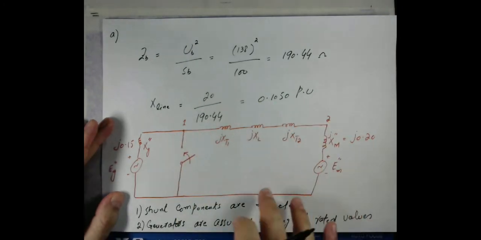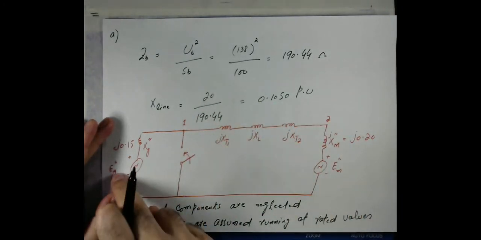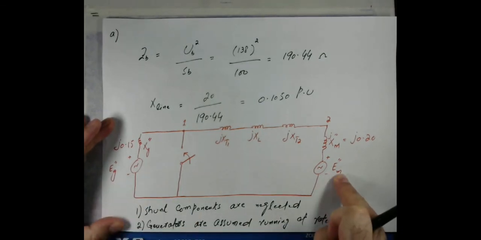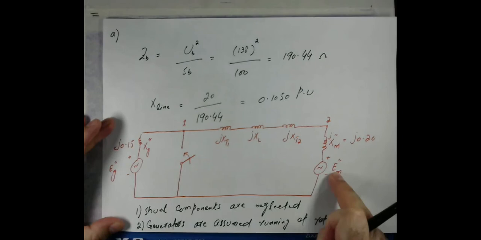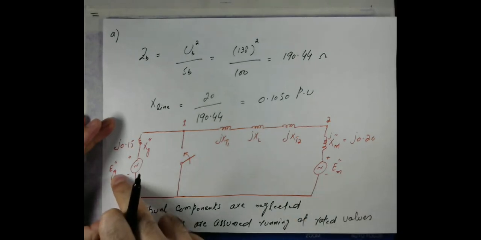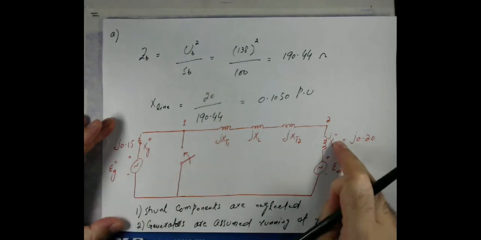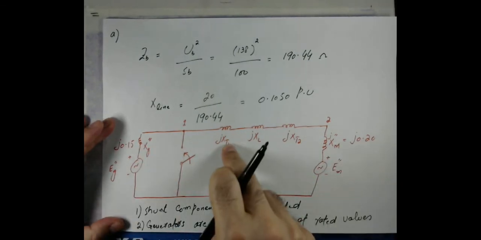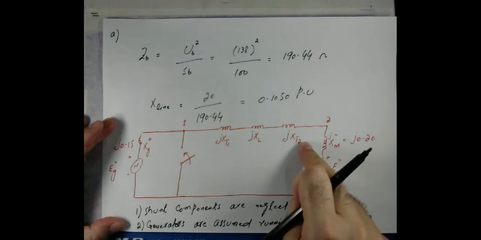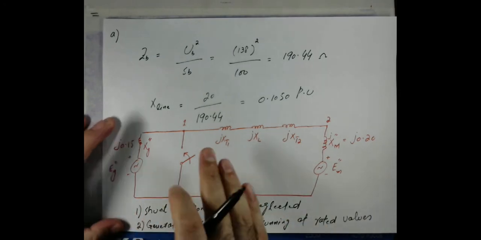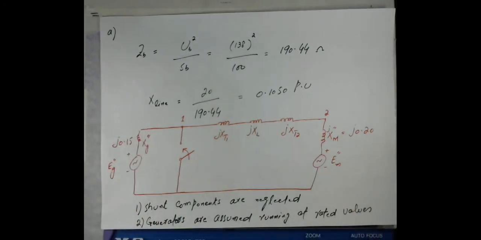So this will be the equivalent circuit, and these are the internal voltages, the pre-fault internal voltages, of the motor and of the generator, with the subtransient reactance given. This is the reactance of transformer 1, that of transformer 2, and this is the reactance of the line. So now let's start solving this particular problem.